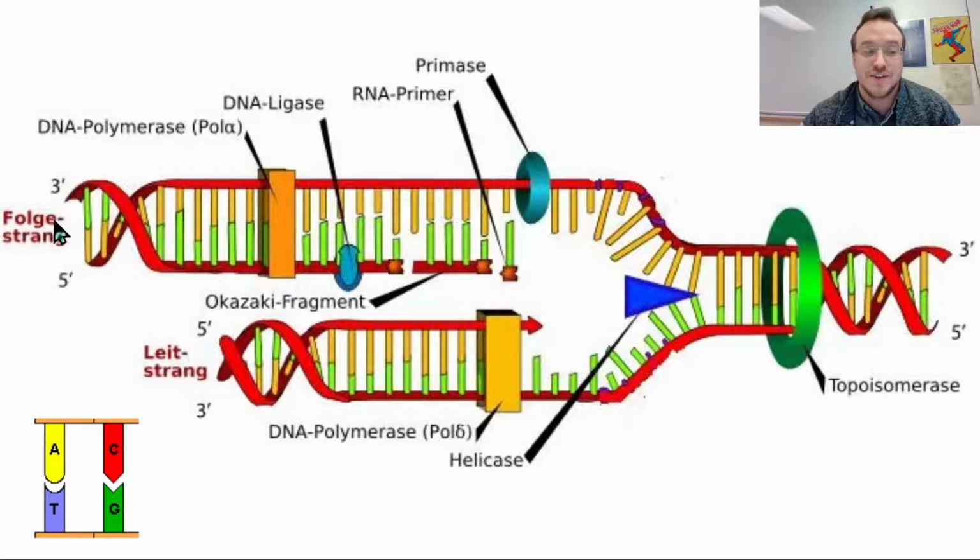This image I stole off the internet is part of it is in another language, so ignore those. Okay, we'll call this a leading strand and this a lagging strand for our purposes. All right, so the leading strand replication happens away from the fork, and lagging is toward the fork.